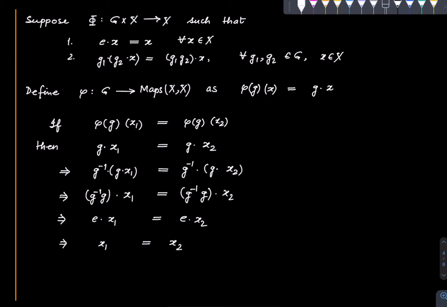Right? So this is injective. Phi g is injective.